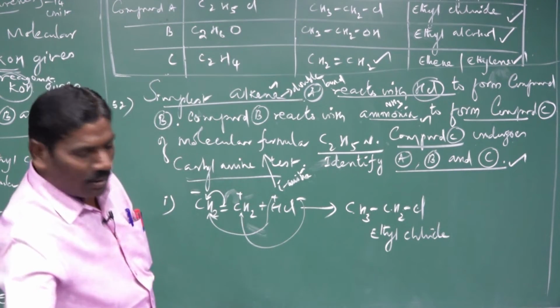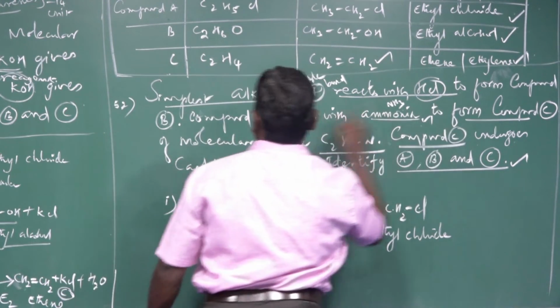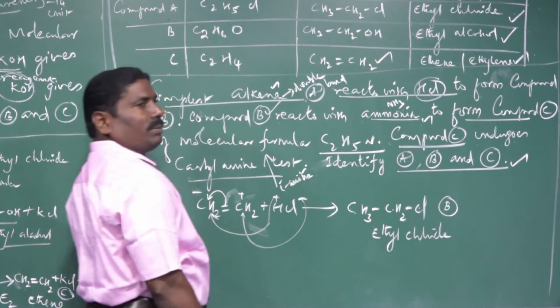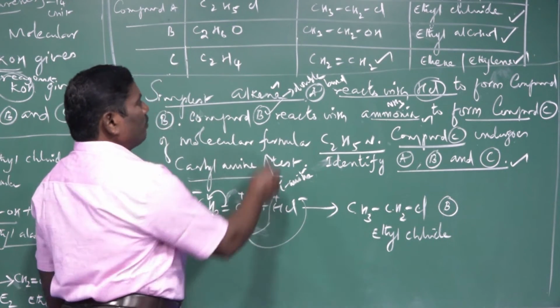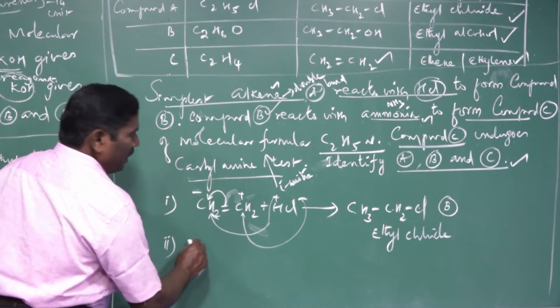This is a simple addition. Now this ethyl chloride is compound B. Now B reacts with ammonia, the second reaction. What's B? Ethyl chloride.